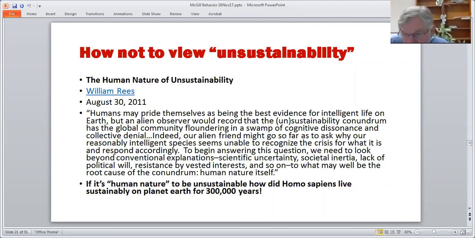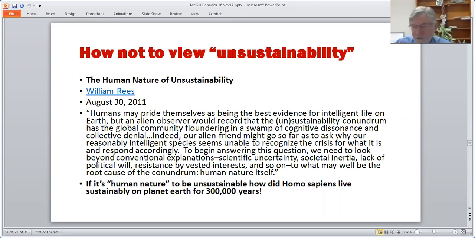Indeed, our alien friend might go so far as to ask why a reasonably intelligent species seems unable to recognize the crisis for what it is. To begin to answer this question, we need to look beyond conventional explanations. What might well be the root cause of our conundrum, human nature itself.